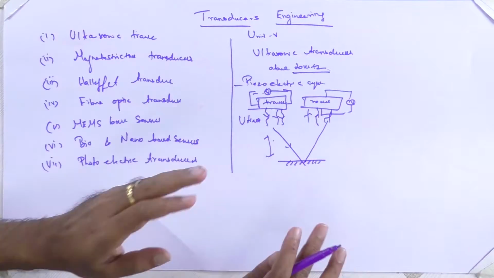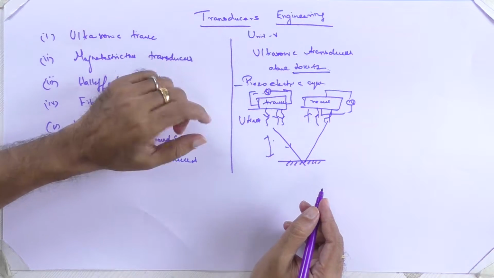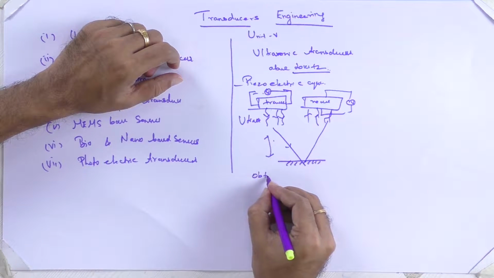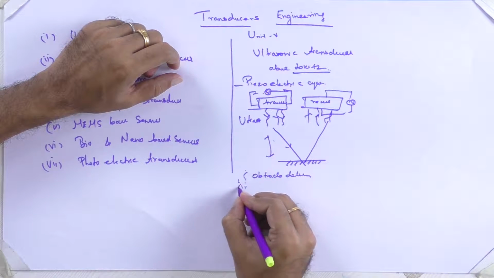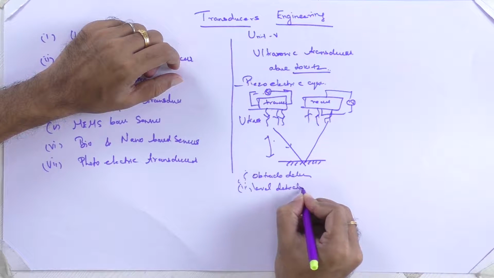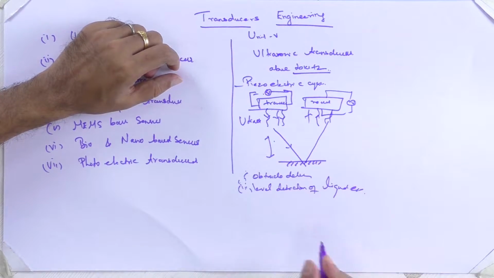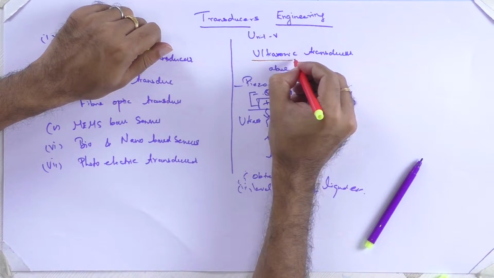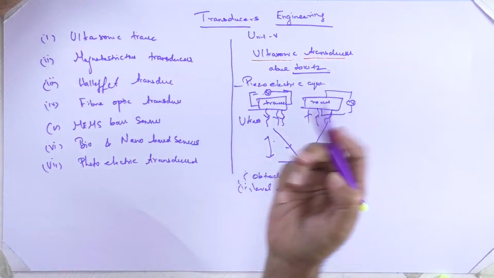Using this ultrasonic sensor, we can construct many different kinds of applications. One is obstacle detection. The next one is level detection of liquids, etc. These are many different kinds of applications that are possible using ultrasonic transducers.